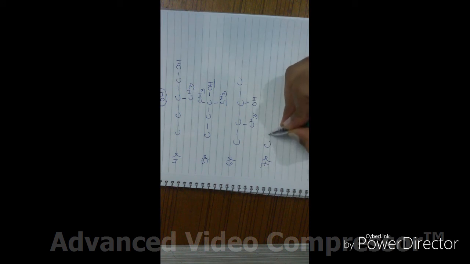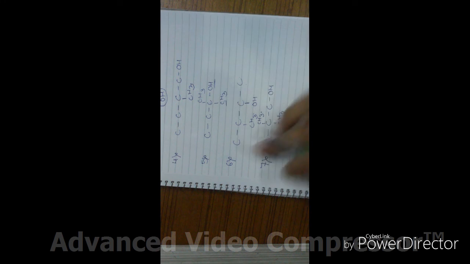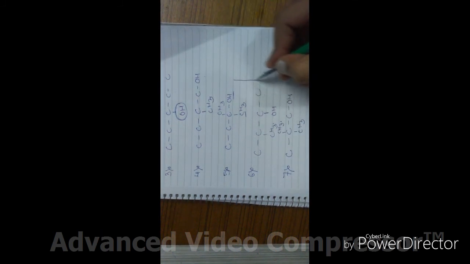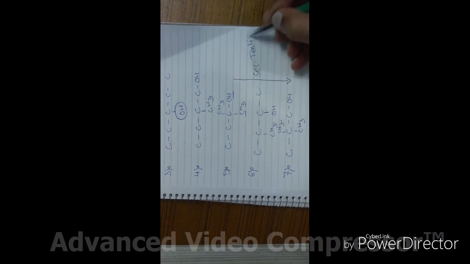1 2 3 4, CH3 and CH3. 7 isomers. So you can see we have to know only primary alcohol isomers. After the 4 5 carbon atoms, secondary and tertiary are present.